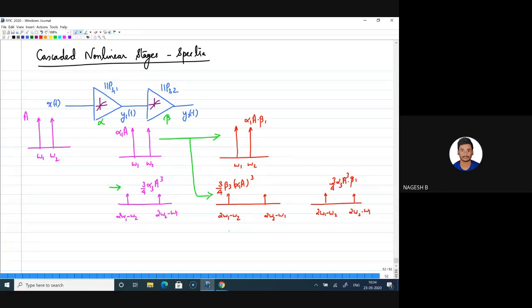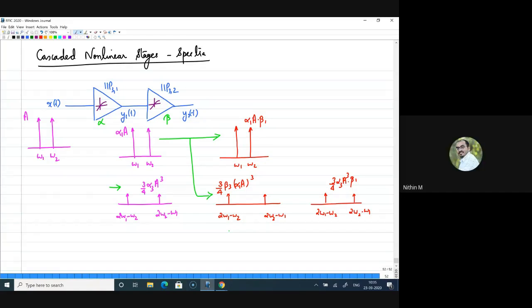The difference of the two frequencies, that is 2 omega 1 minus omega 2 minus 2 omega 2 minus omega 1. It is appearing at a different frequency, such as 3 omega 1 minus 3 omega 2, right? It is not close to the fundamental.